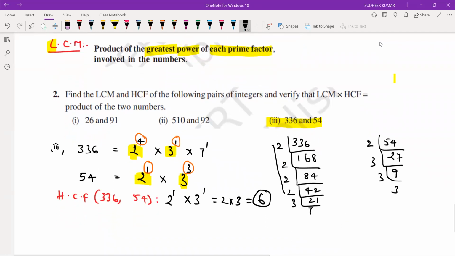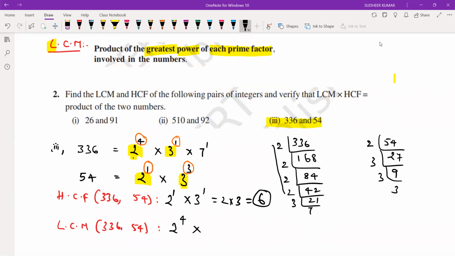Now find the LCM of 336 and 54. Here it is the product of the greatest powers of each prime factor. First find the common bases, 2. In that, take the greatest power: 2 power 4.